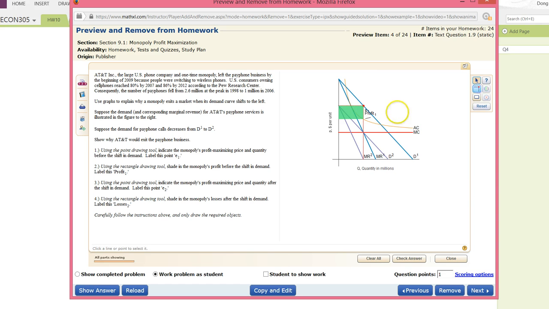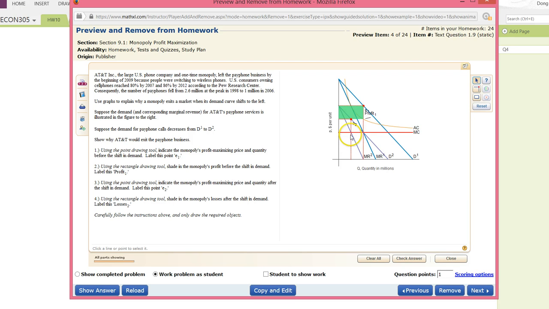So the new MR2 is right here and MC is here, their intersection is here, and this determines my output. For the price, it has to be on the demand curve. So this is my new equilibrium, E2.